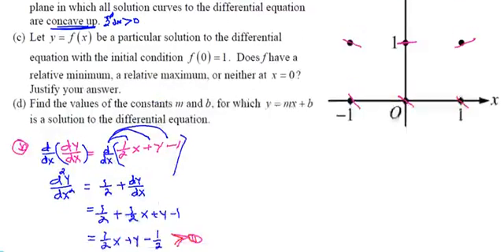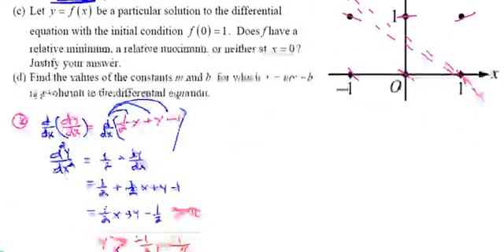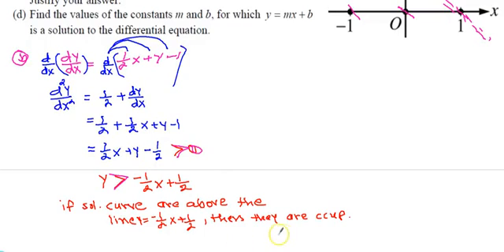So if my line is somewhere here, think of this as roughly negative 1/2. If my solution curves are above, they will be concave up. If my solution curves are below this line, you can see that there is no concavity. So if you see this graph, they would look like concave up. So this is my cutoff line, and that's all they want to see. If they are above, then concave up.